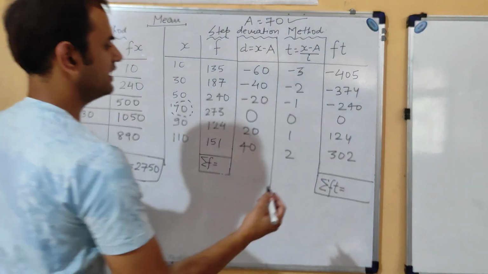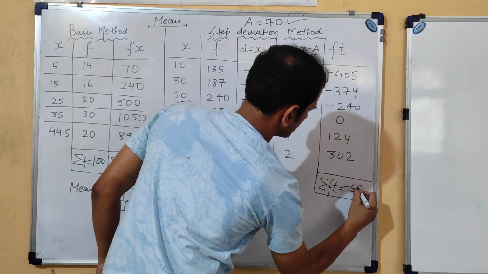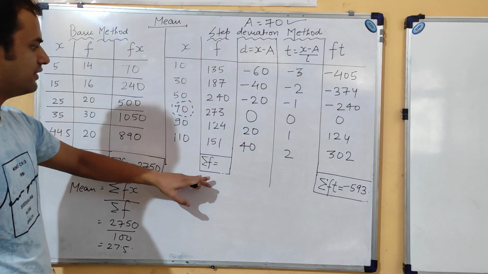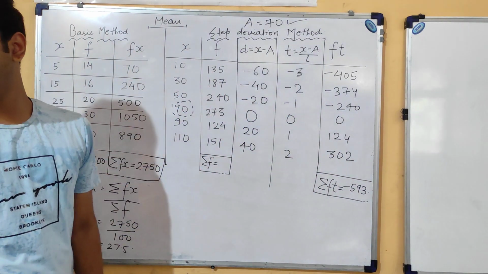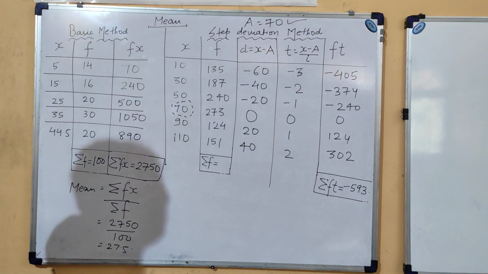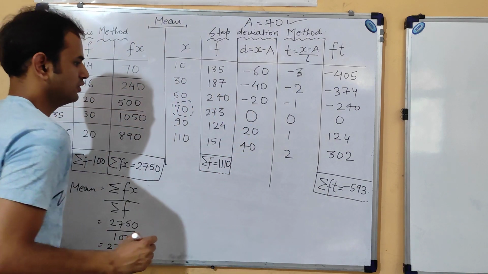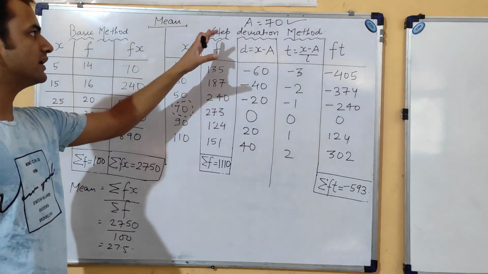So that is minus 593. Just do the calculation. Now this summation of f, you have to calculate. You will get something like 1110.